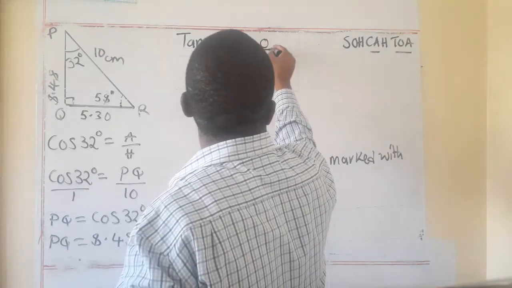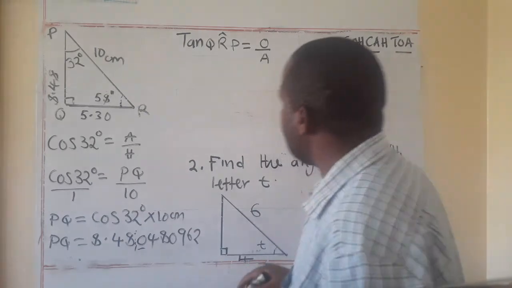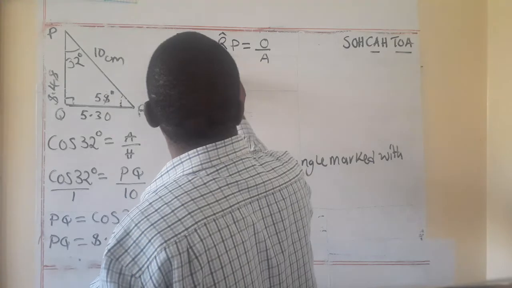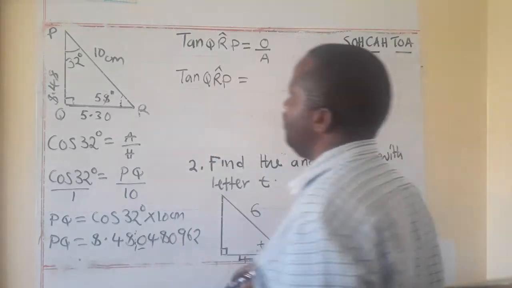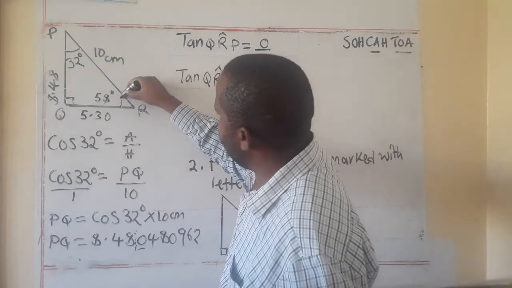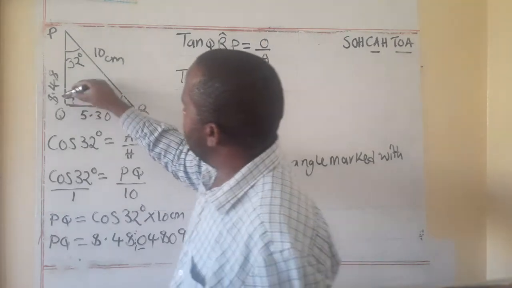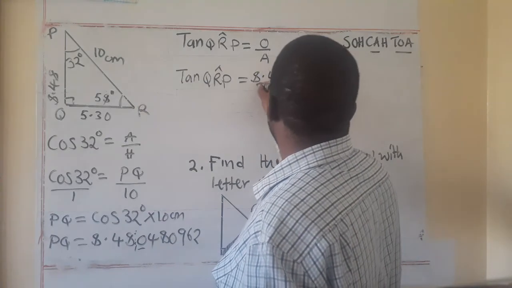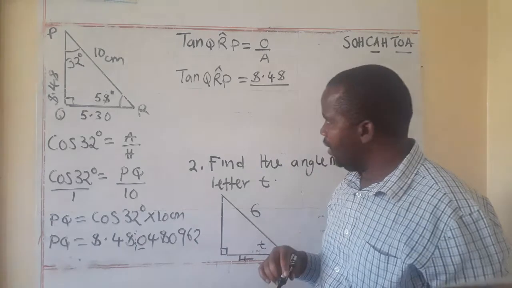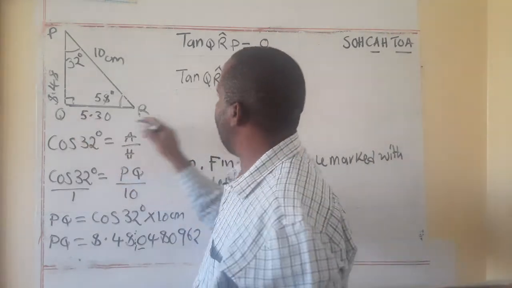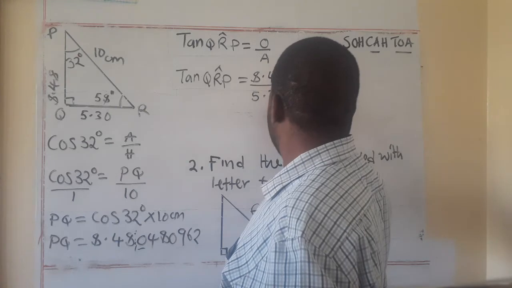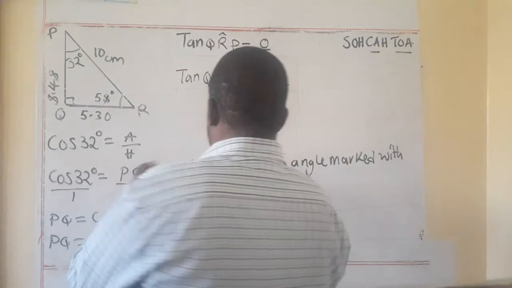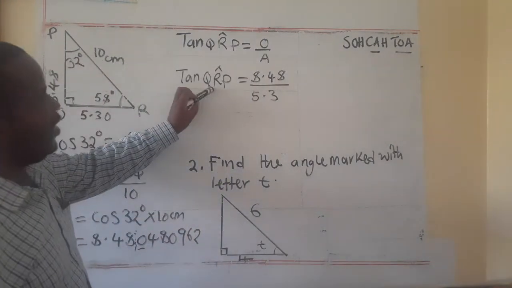Tan is opposite over adjacent. Then tan QRP is equal to the opposite, which is 8.48, divided by the adjacent, which is 5.30.